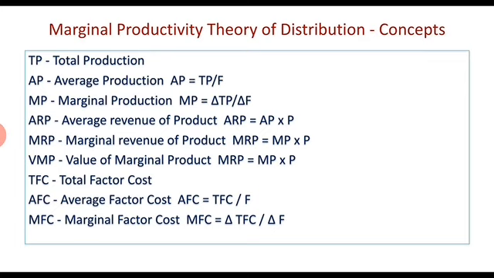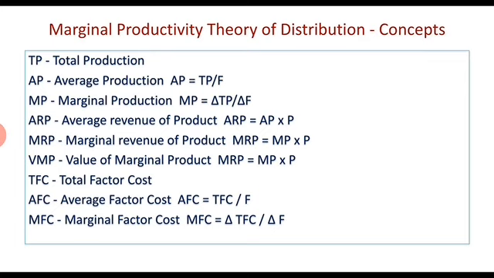Average revenue of product. The average revenue of product refers to total revenue product divided by the total number of factors employed, or ARP is equal to AP into P. Marginal revenue product, MRP.